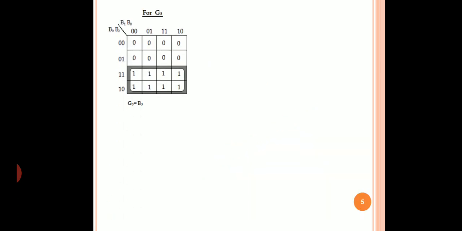In the rest of the cells we will enter 0. You will observe there are 8 adjacent ones. These can be grouped together to form an octet, and your answer is G3 equals B3. In our previous videos, we have discussed how to solve K-maps.